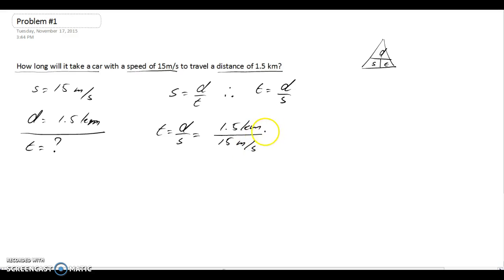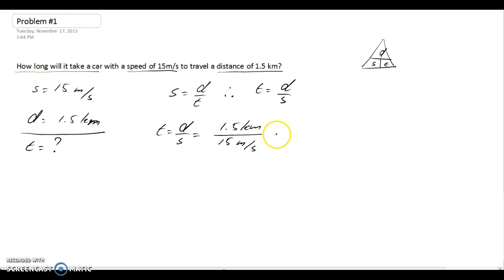It just doesn't work. So we have to either convert the distance to meters to match the meters part of the speed, or convert the speed to kilometers per hour or kilometers per second, so we can make that division.